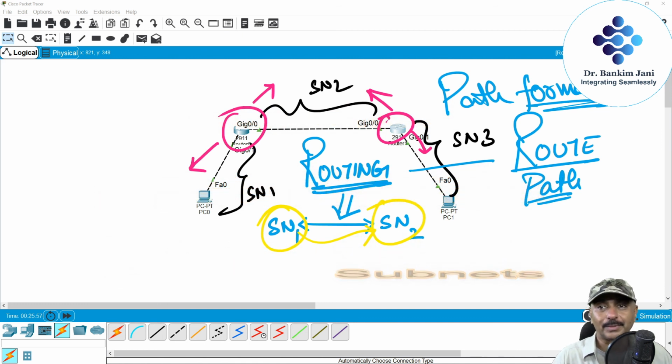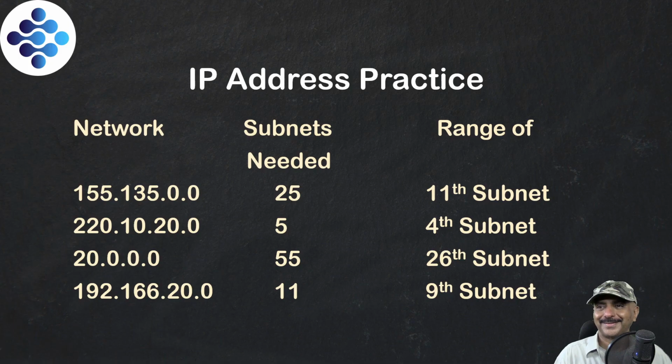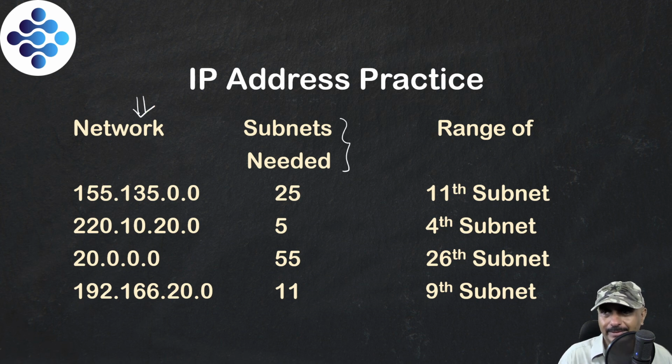Now I'll give you some IP addresses to calculate for your practice. Once you calculate them, write down the answer in the comment section, and I'll personally reply. So that's for practice. These are the networks, that's the subnets needed, and this is the range. So it is like 135.0.0.0.